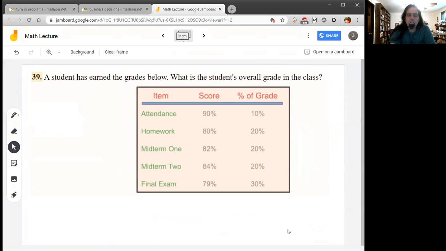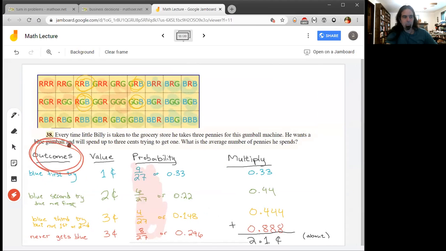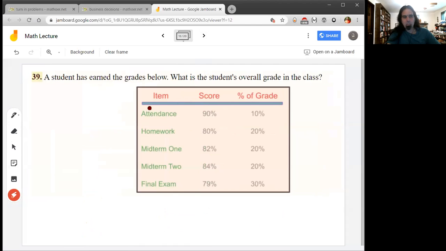You have different categories. That's just like the outcomes, except that in this situation, it's not like you only have attendance and someone else got lucky in a different way and only had a midterm. These categories, everyone gets all of them.